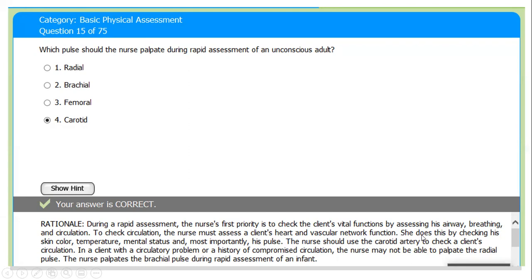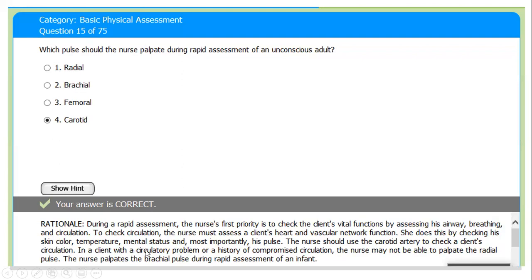She does this by checking his skin color, temperature, mental status, and also, most importantly, his pulse. The nurse should use the carotid artery to check the client's circulation.